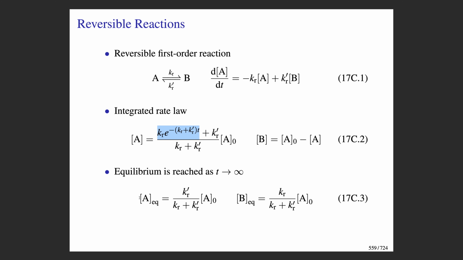So that's the equilibrium concentration of species A. Then if you substitute in this expression here and simplify, this is the expression you get for the equilibrium concentration of species B.